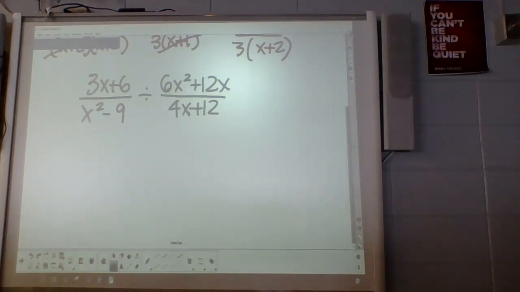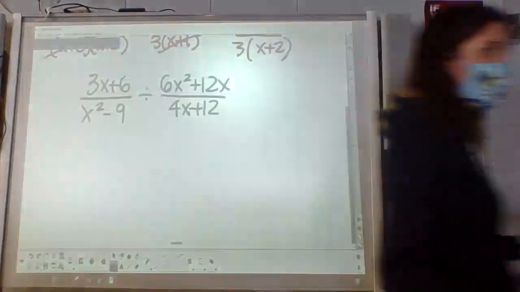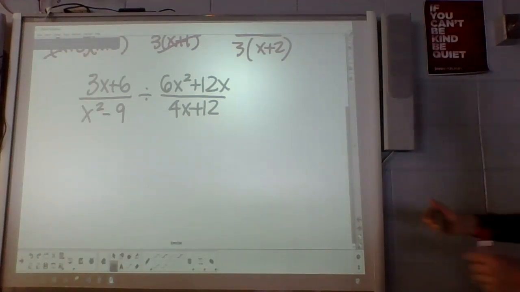Two, I think. Then when you have that, there's some stuff that can cancel. The only thing is 12 over 6 can simplify. So take out a 6x.